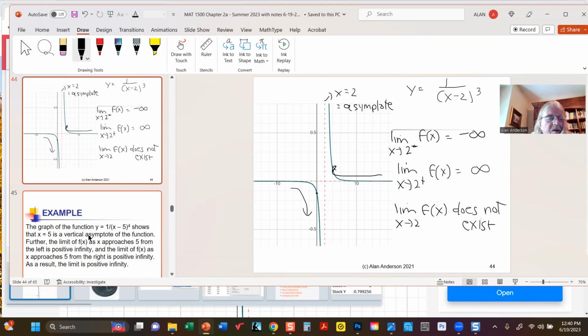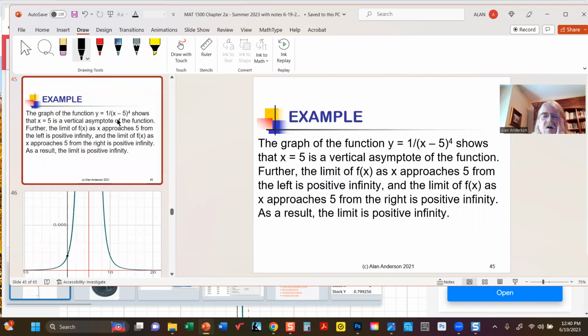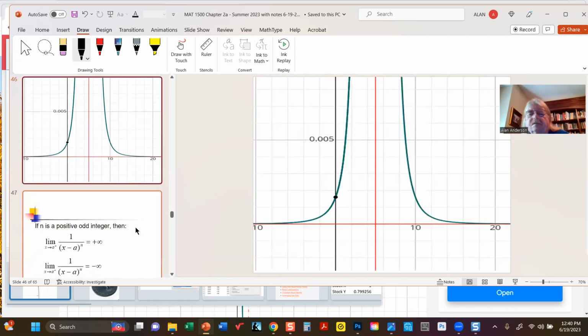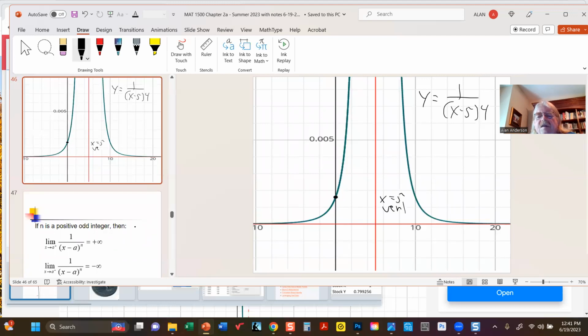So here we have another case. It's just similar to the one we just saw. y equals 1 over x minus 5 to the 4th. So it should be pretty clear. This line, x equals 5, is the vertical asymptote.